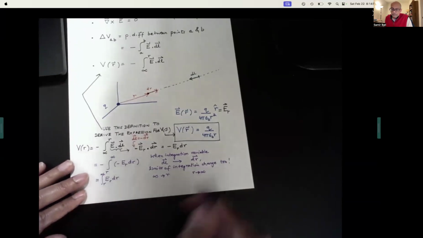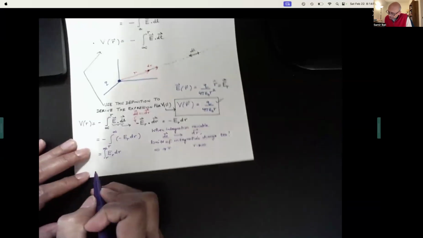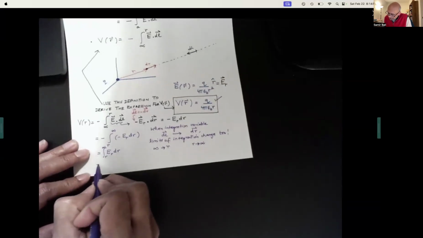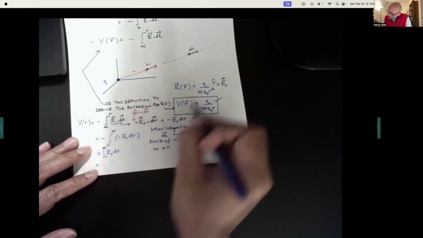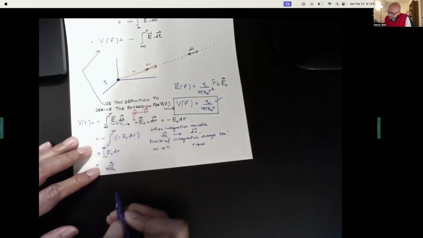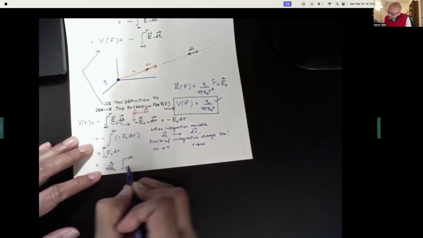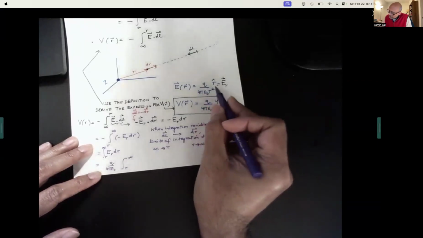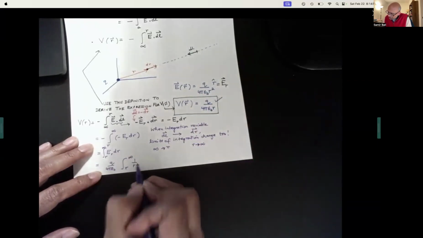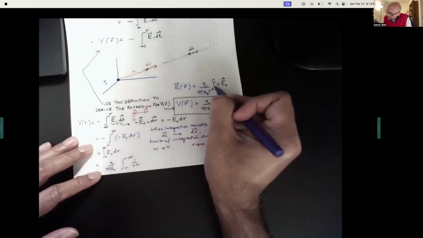And now if you perform the integral, you will get this answer. What is E sub r? q divided by 4 pi epsilon naught is constant. Then I have the integral from r to infinity, and I have a 1 over r squared for the magnitude of E sub r.